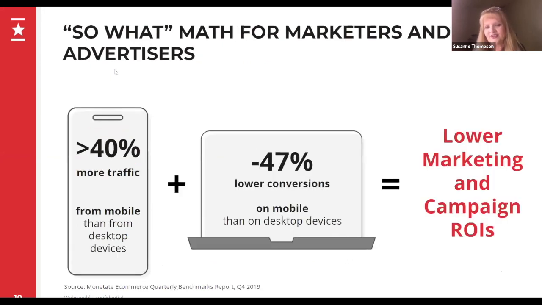Why does this matter to you in your business? Well, even before the pandemic, so these stats are from before the pandemic started, most of you, and frankly, most clients I see from the Google side, get at least 40% more of their traffic on their website from a mobile device than from a desktop device. Let me put that another way.